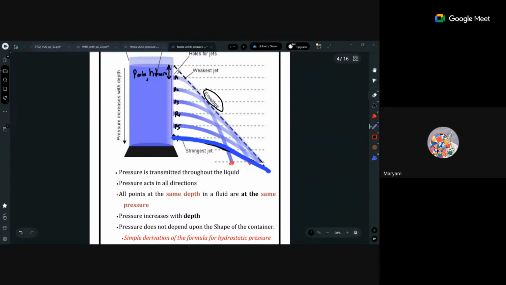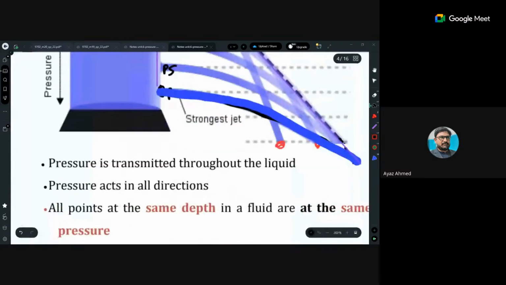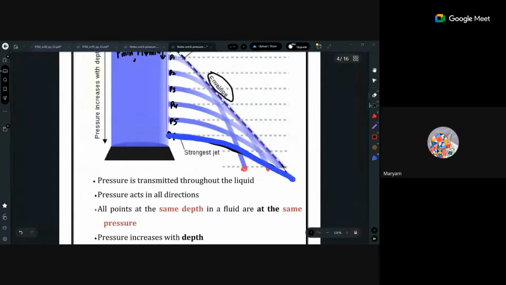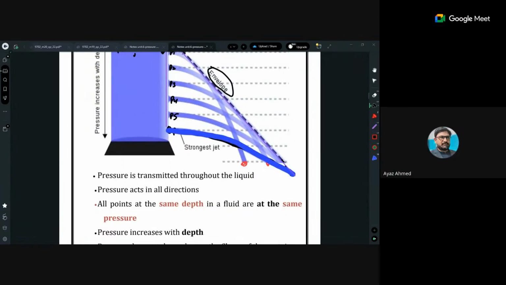Yes, but if the pressure is more, it will spread to a greater distance, right? Yes, exactly. It will go more, like when you have a pressure gun, you can throw water at a larger distance. Yeah, that was what I was asking. Okay, I got it.